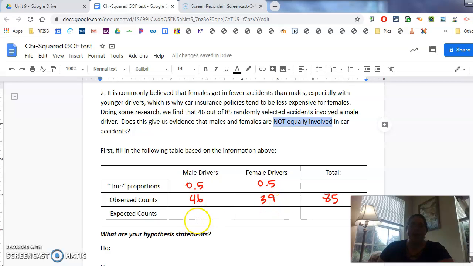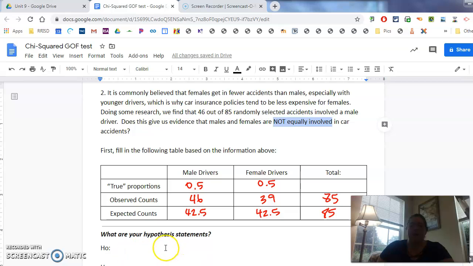And my expected counts, my expected is saying that they're equally proportioned. So my expected would be that half are male and half are female, and I still want them to add up to the 85. So half of 85 is 42.5. If it's true that they're equally involved, my expected value is that it would be the same number for males and females.